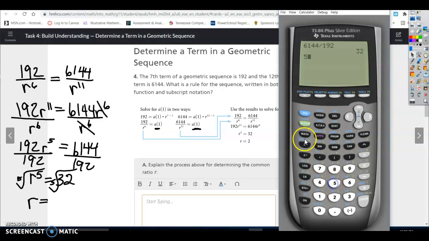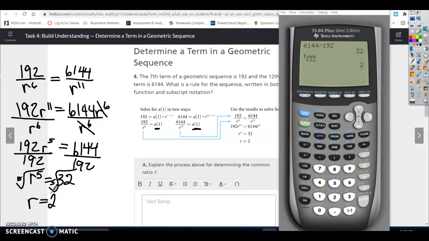If you do 5 and then go to math, come down here to where it says x root. So it has a cube root and there is a square root here, but we want to do a 5th root. So we're going to go down to where it says x root. So it's got a 5th root of 32. And it's going to tell us that the answer to that is 2.